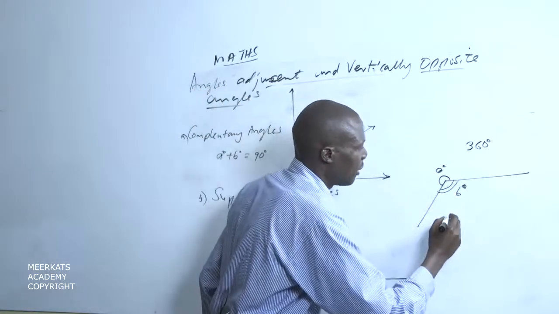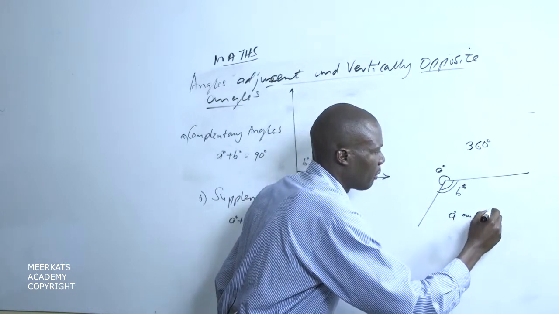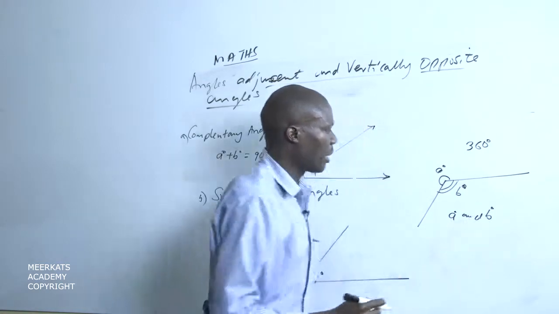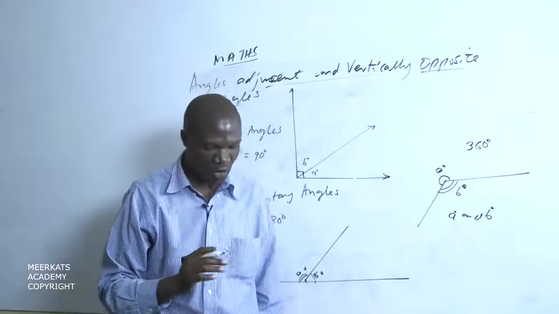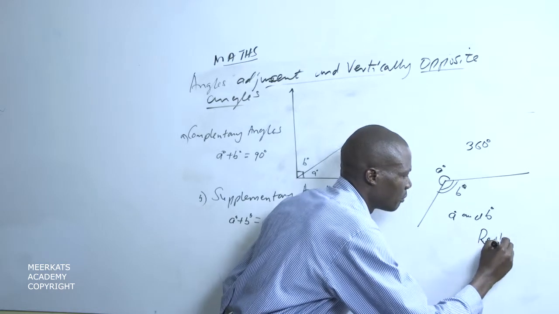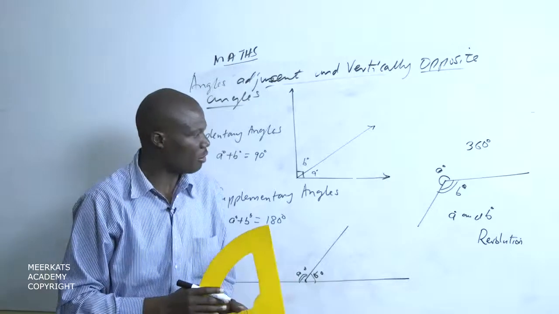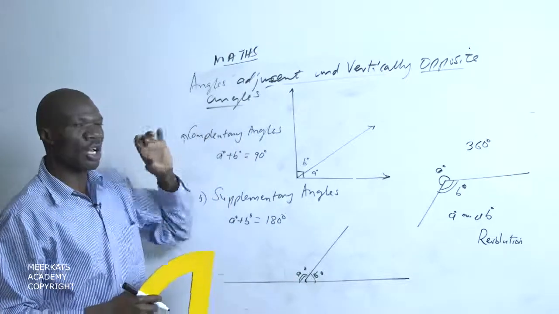We shall say that angle A and angle B are a pair of angles that form a revolution.